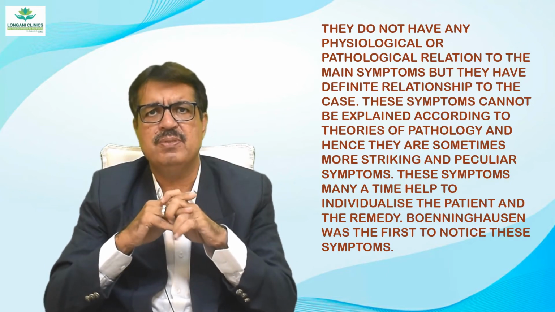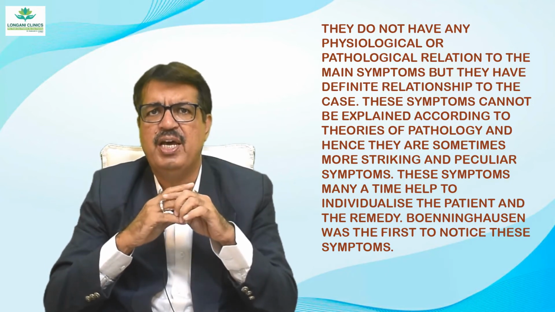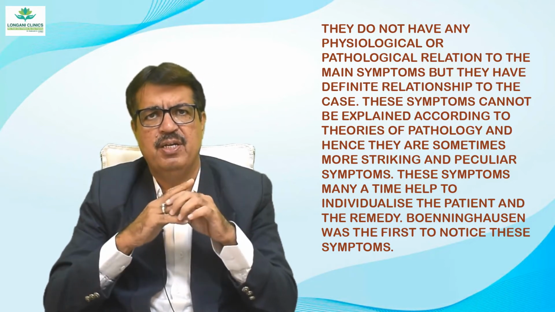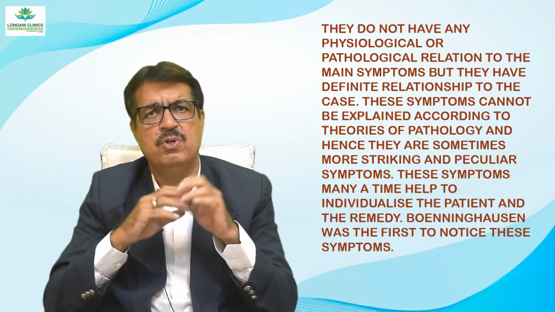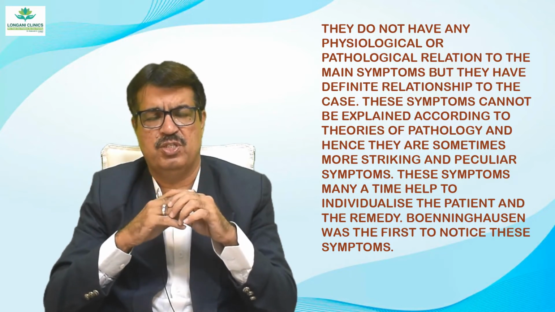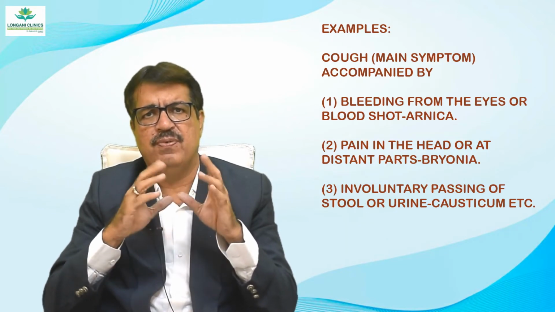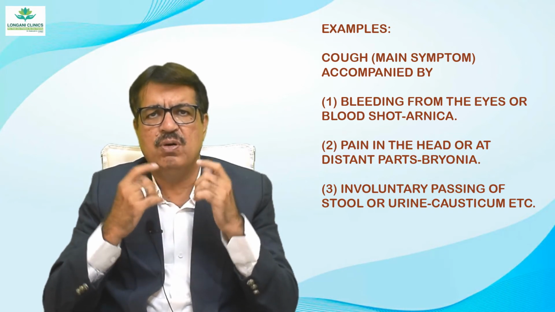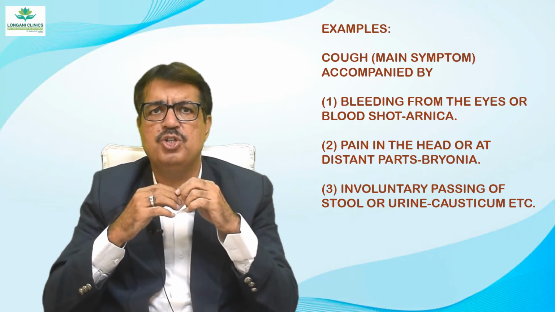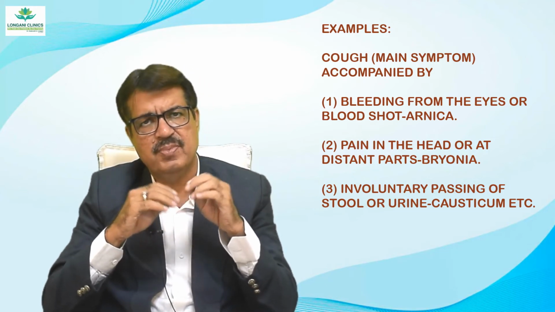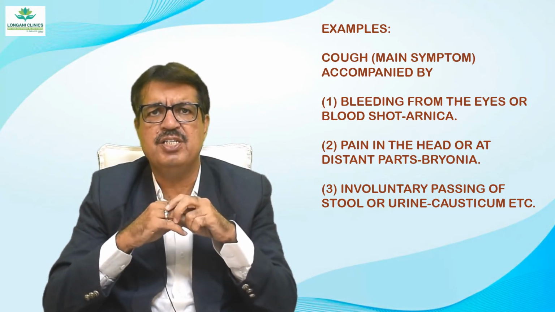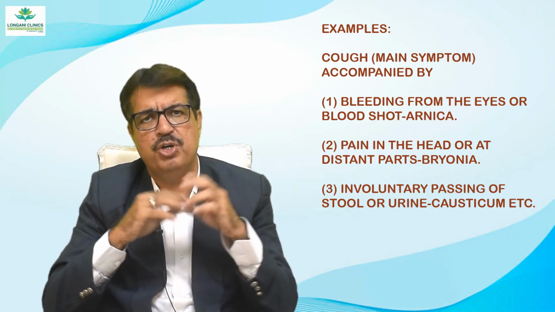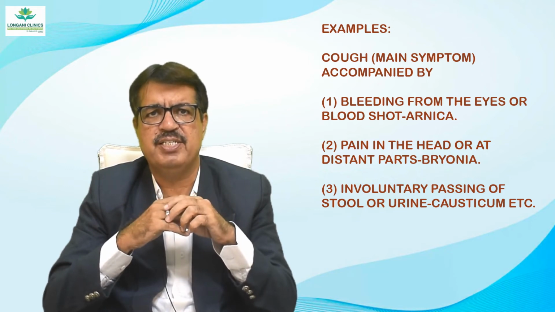These symptoms many a time help to individualize the patient and the remedy. Boenninghausen was the first to notice these symptoms. For example, cough, the main symptom, accompanied by bleeding from the eyes or bloodshot eyes, Arnica; pain in the head or at a distant part, Bryonia; involuntary passing of stool or urine, Causticum, etc.